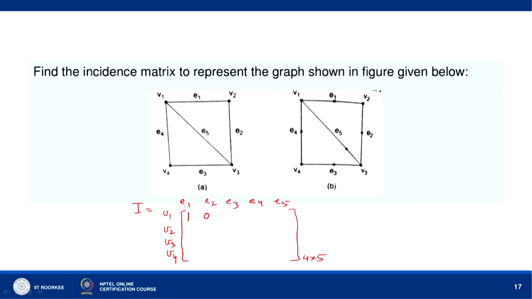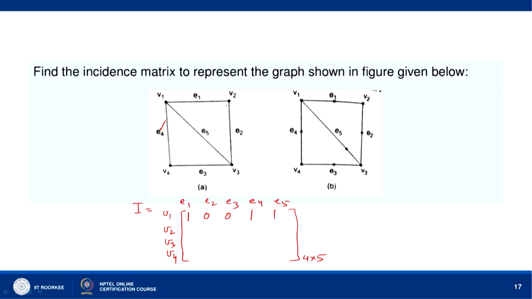E3 is not incident on V1, so we will get value 0. E4 is incident on V1, you can see this E4, it is incident on V1, so we get value 1. E5 is incident again on V1, so we will get 1. For V2, E1 is incident on V2.